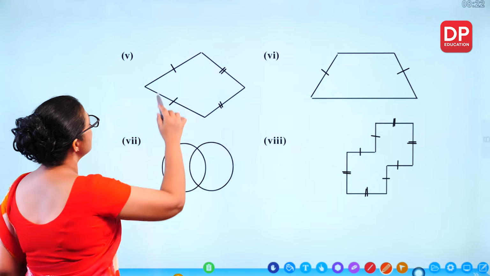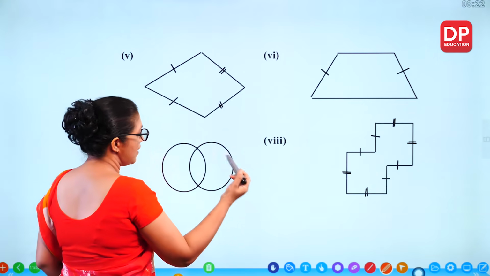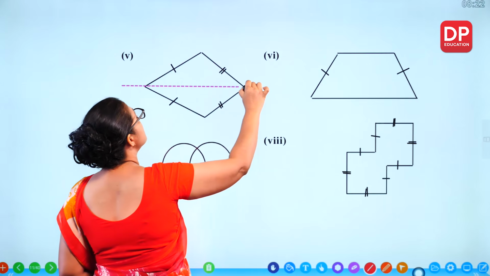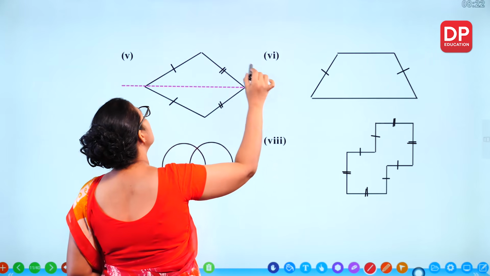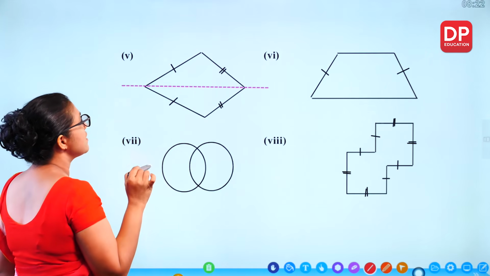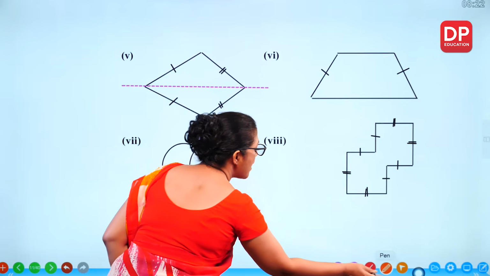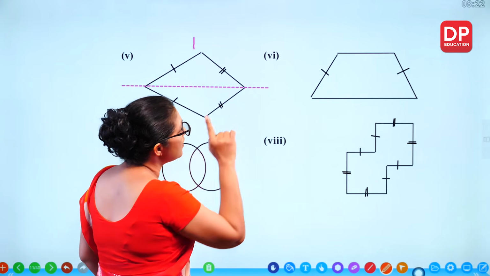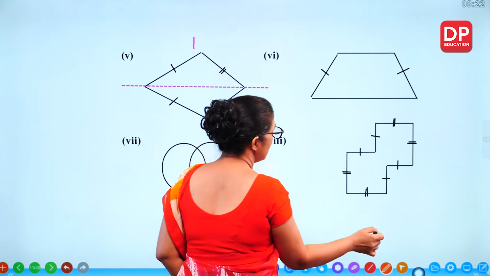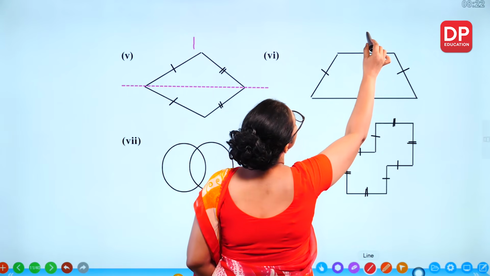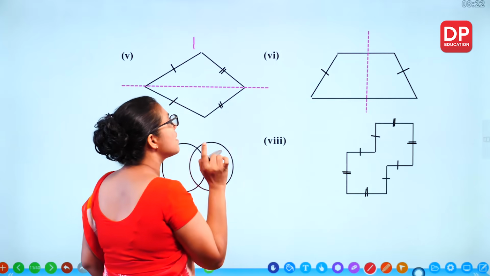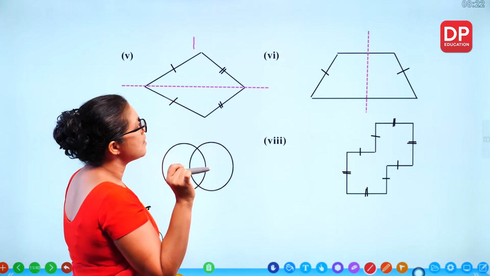This one, these two sides are equal. Then we can draw axis of symmetry this way. But we can't draw along this side. So only one axis of symmetry. This one, these two sides are equal. So I can draw a line like this. That's one axis of symmetry.